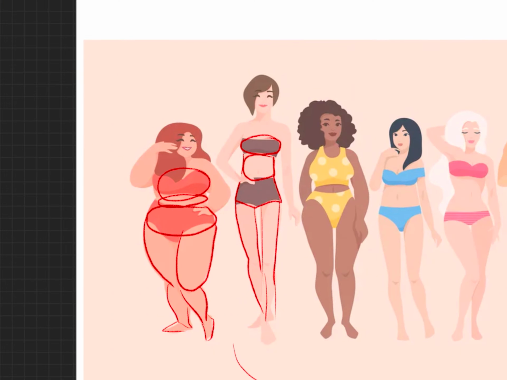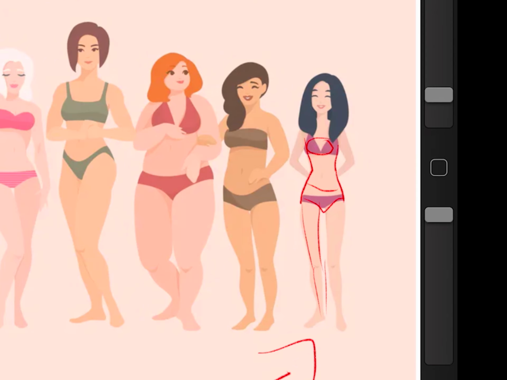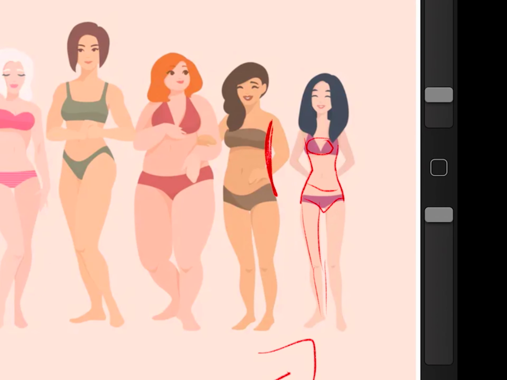And if you compare that with this body all the way at the end, that person is quite a bit more petite. They are the shortest character on here, for example, but they do have a more tapered waist, even though they don't seem like they have very much fat or muscle content on their body. The person next to them is another way that we can make things a little bit different.